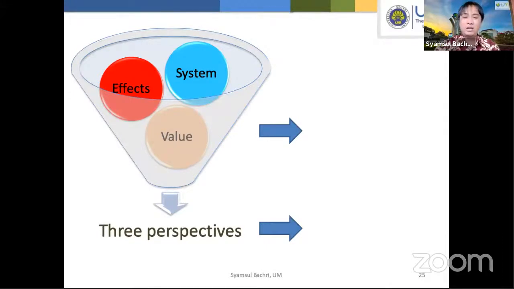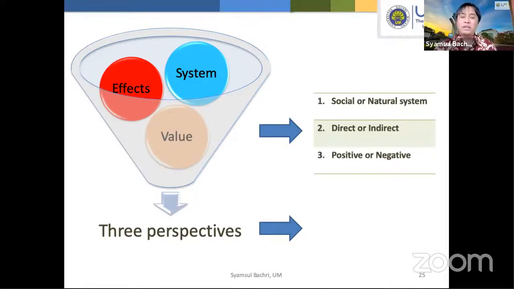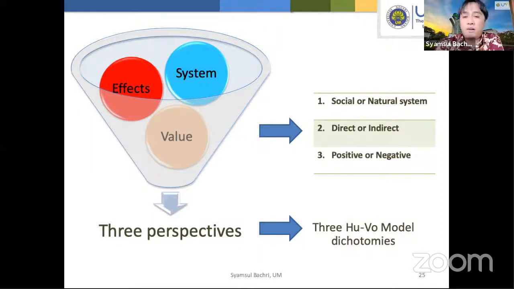Then I try to transfer them into 3 dichotomies, and this becomes my UFO model dichotomies. For the systems, there are 2 systems, social or natural systems. As I showed you, Bromo interacts with the natural system, but Bromo also interacts in the social system as well.